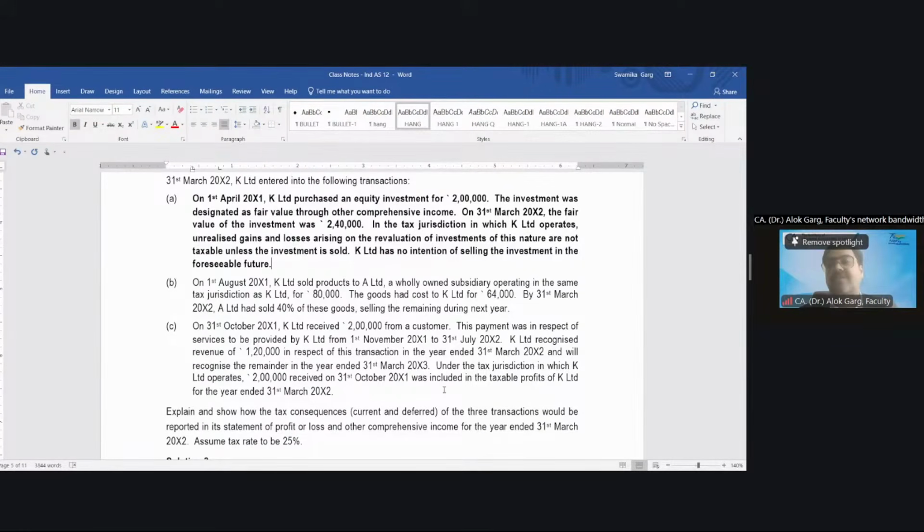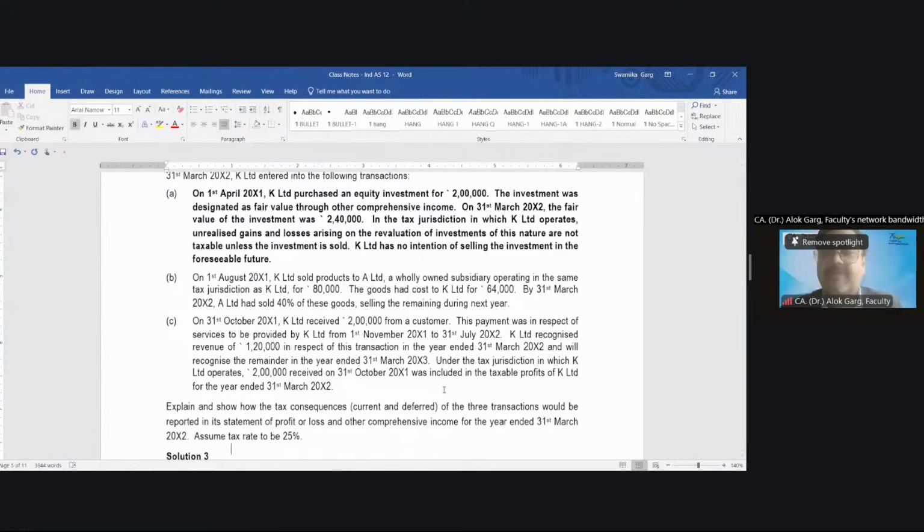Ind AS 1 says that the tax impact relating to a P&L item has to be charged to P&L, and the tax impact relating to an OCI item has to be charged to OCI. Since it is an investment measured at fair value through OCI, the mark to market unrealized gain will go to OCI and the related tax impact will also go to OCI. Right? Okay. So what is the answer to this question? Let's see the answer.